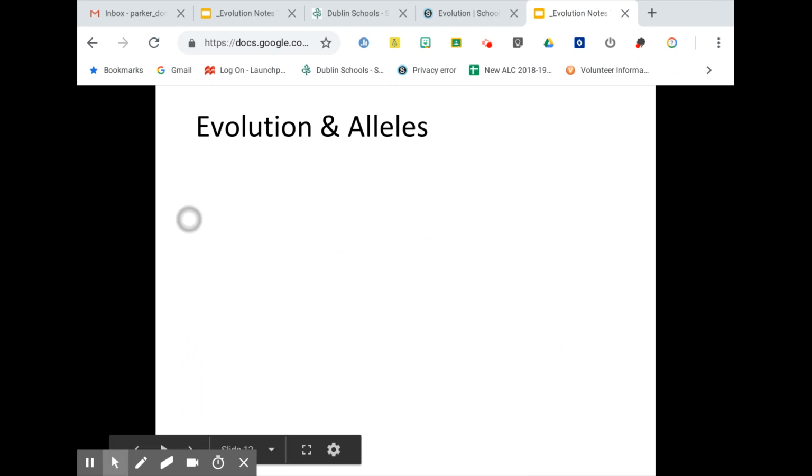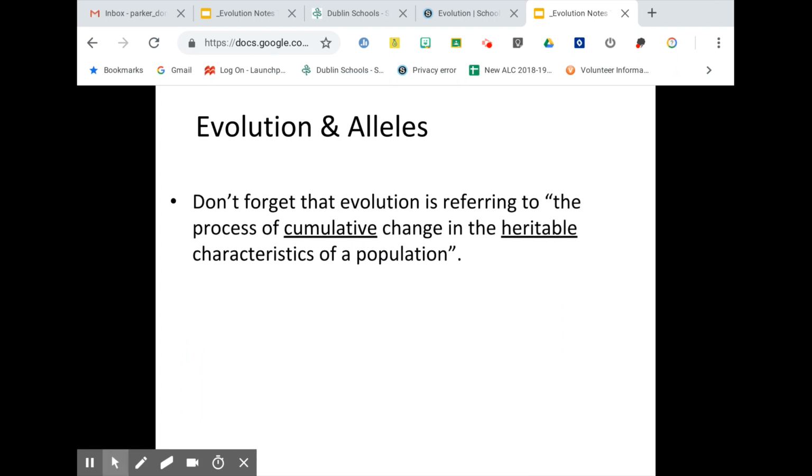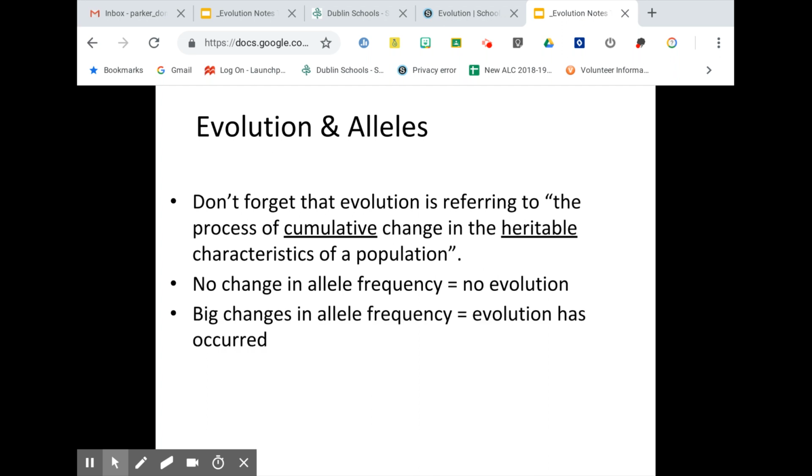Okay, and last but not least, just a little bit of a summary. Evolution refers to the process of cumulative changes of things that can be inherited in a population. No change in allele frequencies means no evolution is occurring. Big changes in allele frequency means that evolution has occurred.